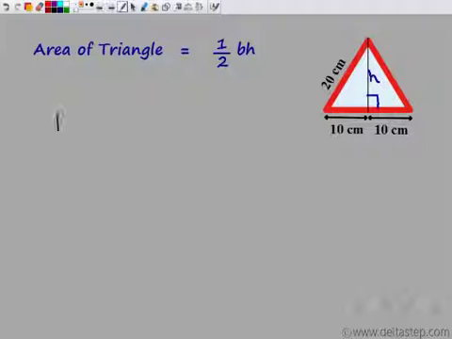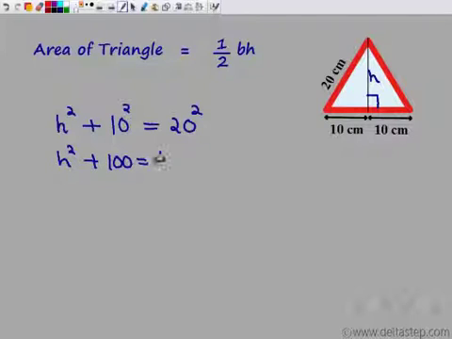By Pythagoras, height squared plus the other side, 10 squared, would be equal to the square of the hypotenuse, which is 20 squared. So h squared plus 100 would be equal to 400. Now h squared will be equal to 400 minus 100, so h squared comes out to be 300.